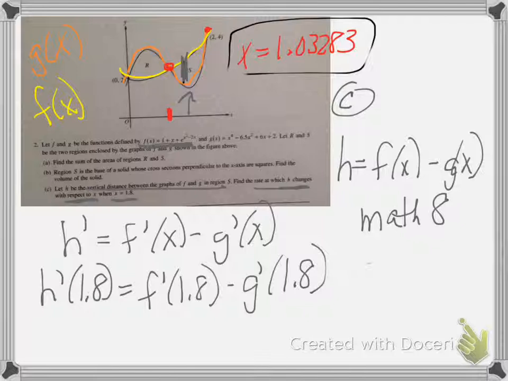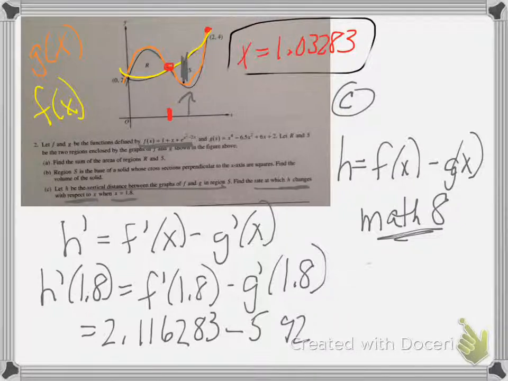So f prime of 1.8 is going to be 2.116283 minus, and then you do the same thing, Math 8, for the g prime, and you get 5.9280072. So you subtract those two things, and you get negative 3.1172.